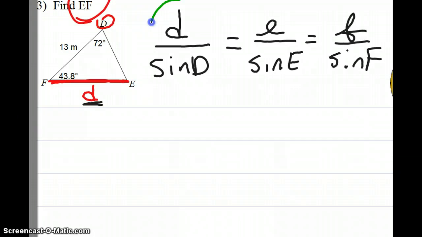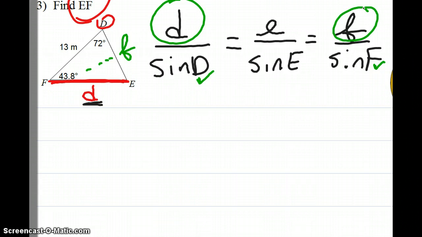So you want to choose the law of sines so that you have 3 knowns and 1 unknown. So we know this is our unknown. Let's see if we know angle D. We know angle D is 72, so we know that. F we know is 43, so we know that. But this time we don't know angle F, so that's an unknown.